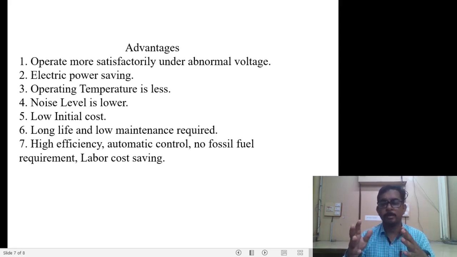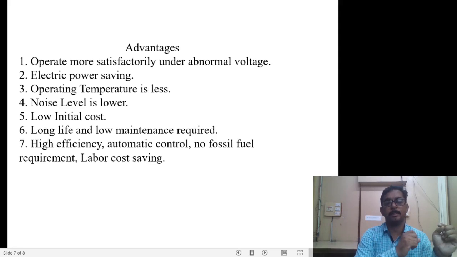If it does not run properly, it will produce disturbances, and those disturbances will be transferred to the mechanical load, and the mechanical load again will not work properly. Overall efficiency of the system will get reduced. So this energy efficient motor can work under abnormal voltage conditions also.